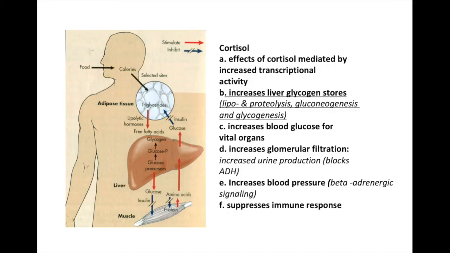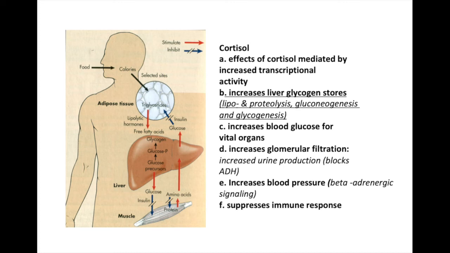What it does metabolically is it stimulates proteolysis and then stimulates gluconeogenesis in the liver. It will prevent muscle uptake of glucose to maintain blood glucose levels, and excess glucose will be stored as glycogen.